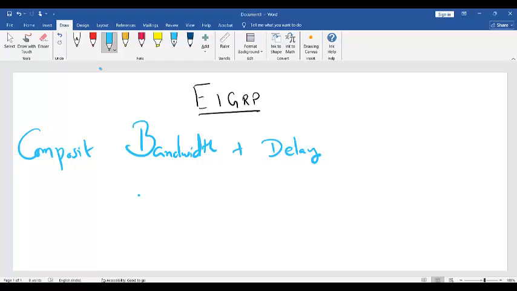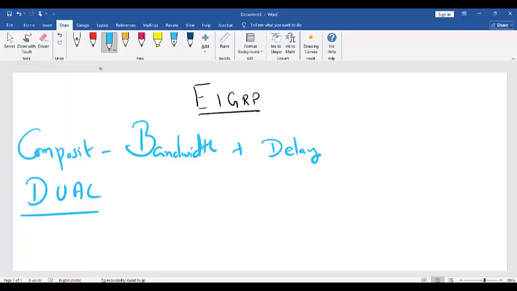There is an algorithm called the diffusing update algorithm, which takes these two values and finds the composite metric for each destination on every path.